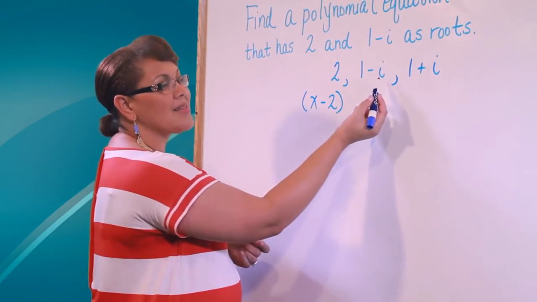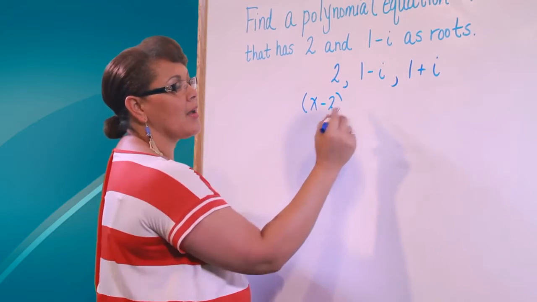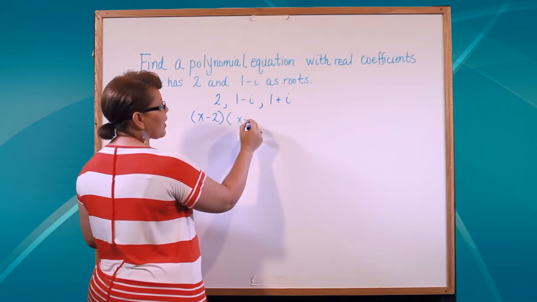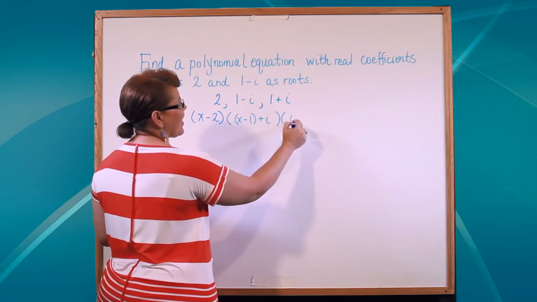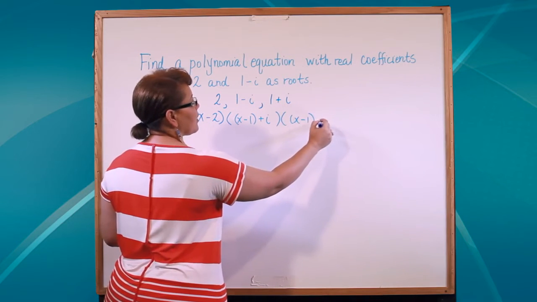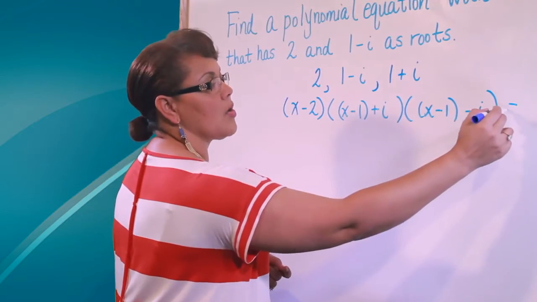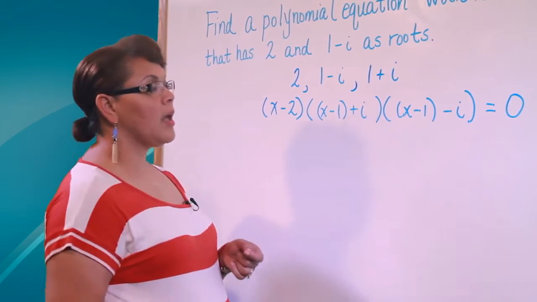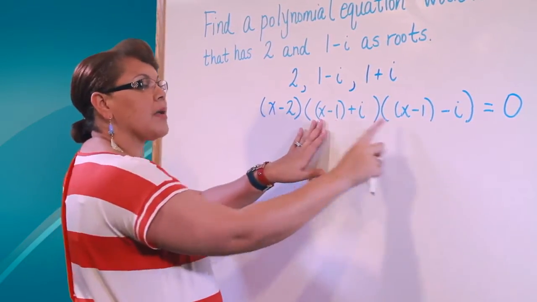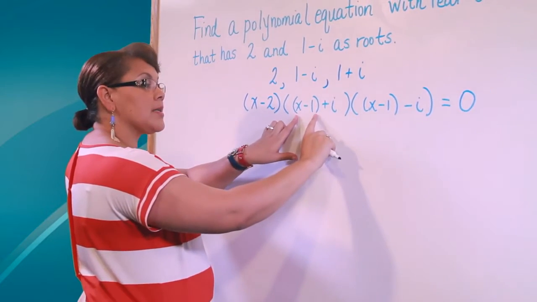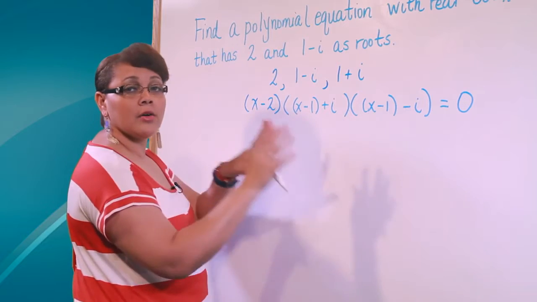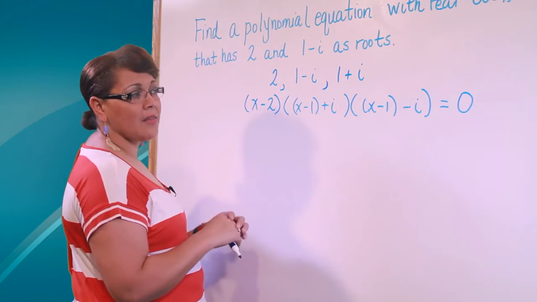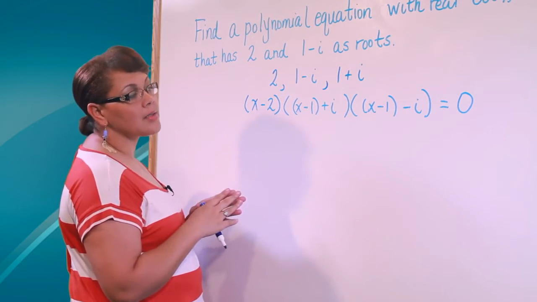The 1 minus i and the 1 plus i came from x minus (1 plus i) and x minus (1 minus i), all set equal to 0. And notice that I put the x minus 1s in their own separate parentheses because when we simplify these, it'll be easier to do that multiplication and the FOILing of that process.